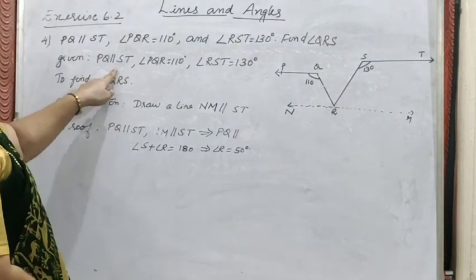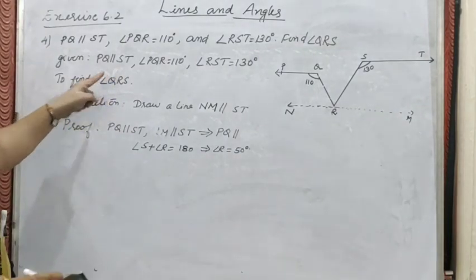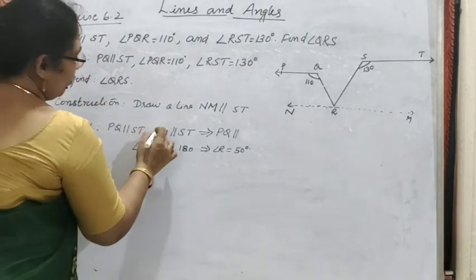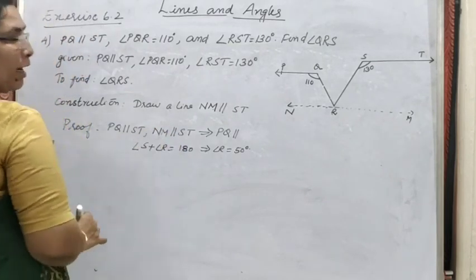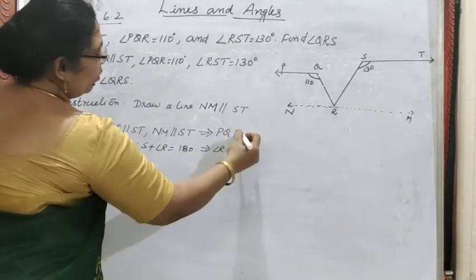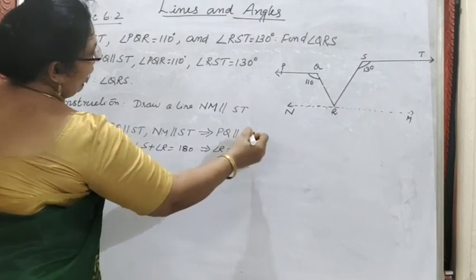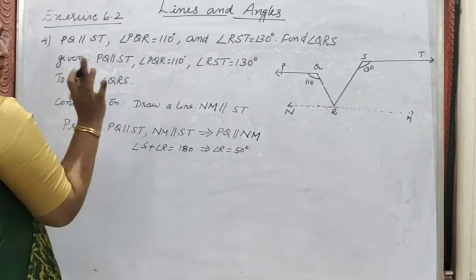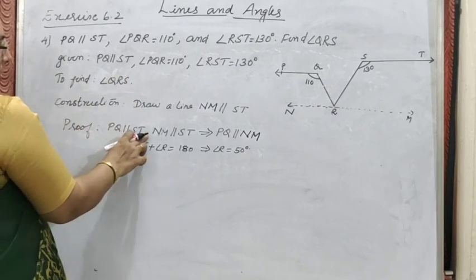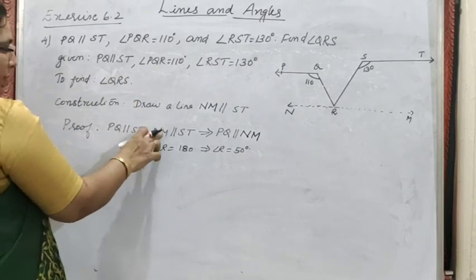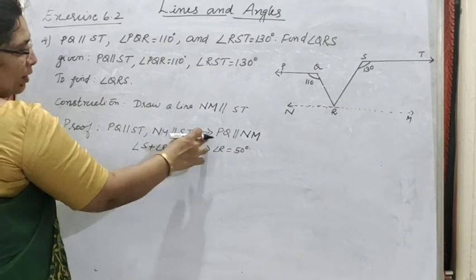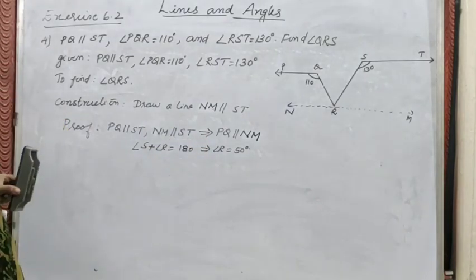So PQ parallel to ST, that is given here. By construction we have made the line NM parallel to ST. So PQ parallel to NM. That means all the three lines are parallel. PQ parallel to ST, and by construction NM parallel to ST implies PQ parallel to NM.